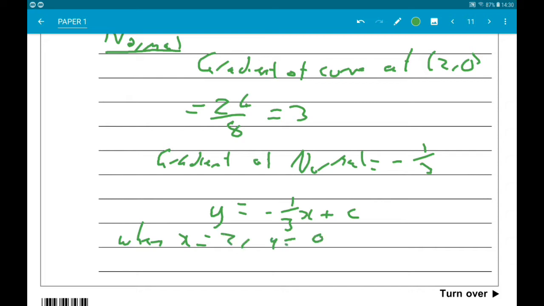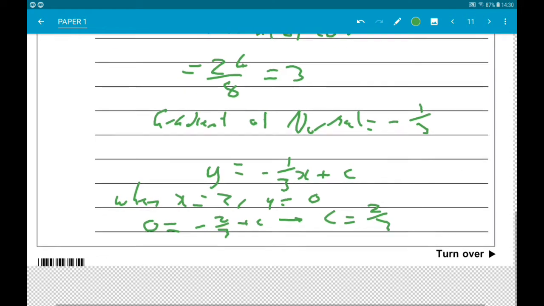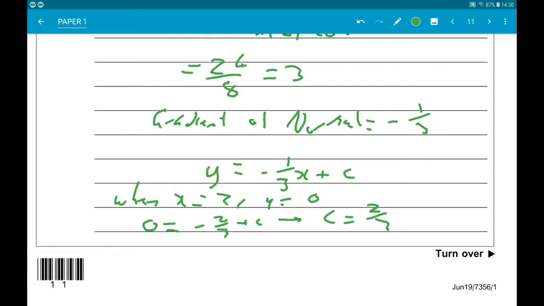So we get 0 is minus 2/3 add c. Therefore, c is 2/3. So the normal is indeed the same. It's y is minus a third x add 2/3.